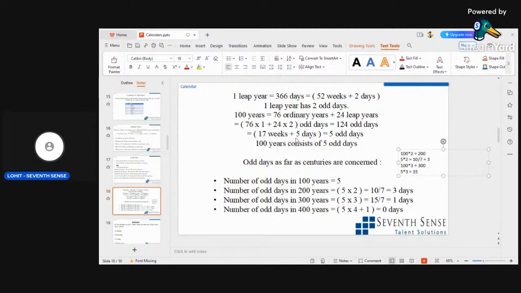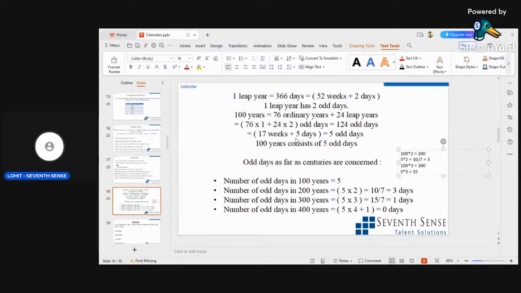Yeah, 21 divided by 7 gives 0, but it is not 21 originally, right? I have written that plus 1. Why have I written that plus 1? In the previous 200 and 300, I haven't written plus 1. So why have I written it in 400? Because in 200 and 300, the last year is not a leap year.